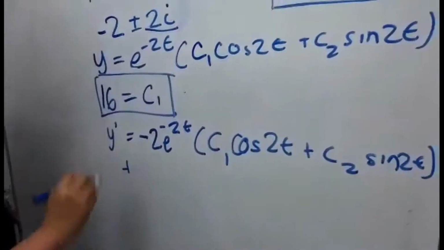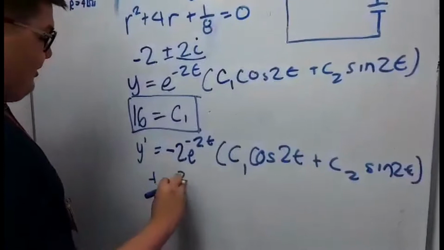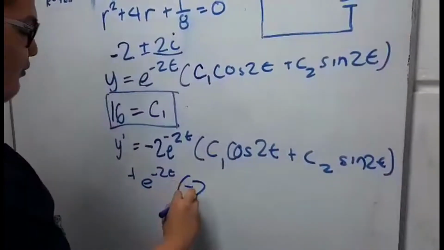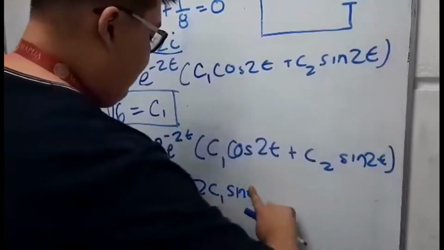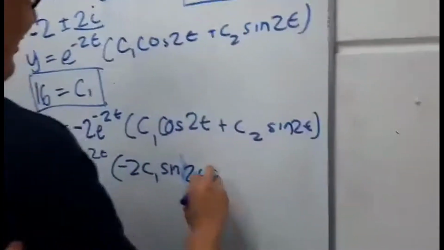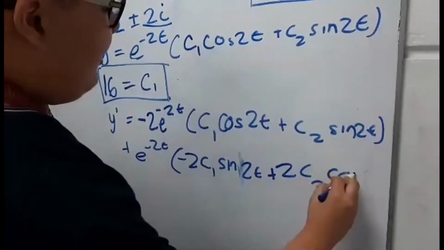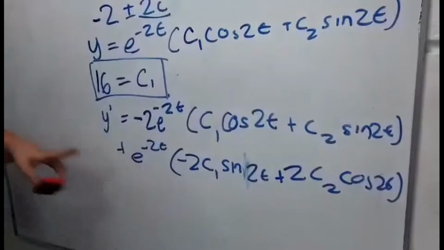Then you ignore the first function and differentiate this one. This is negative 2 C1 sine of 2t plus 2 C2 cosine of 2t. So this is the first derivative.